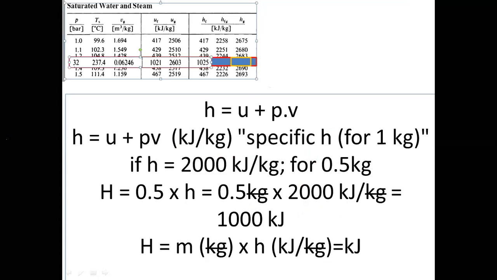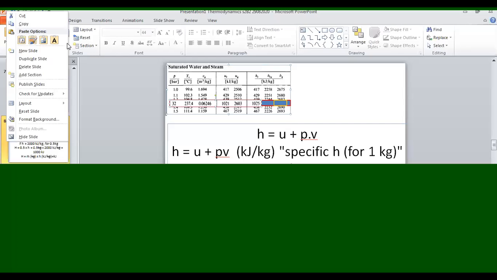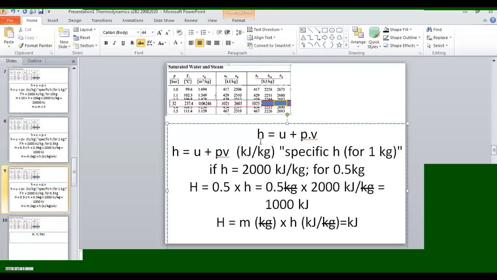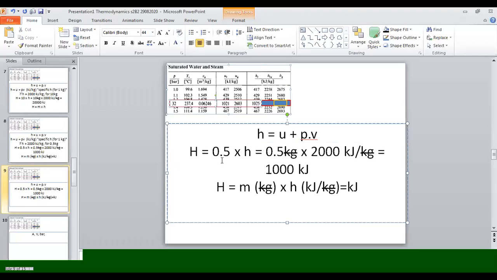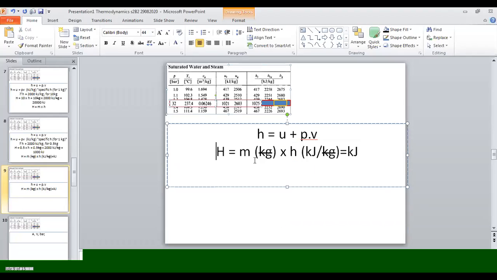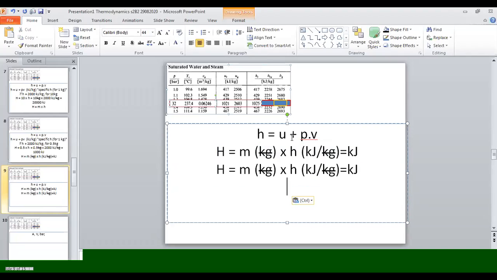Let me do it this way to share with you. H equals U plus PV, and capital H is M times small h, with the unit kilojoule. What is small h?